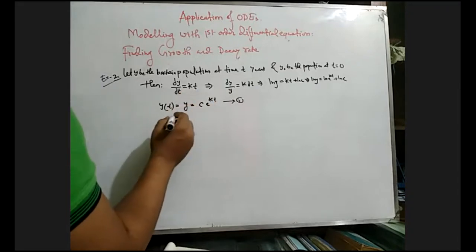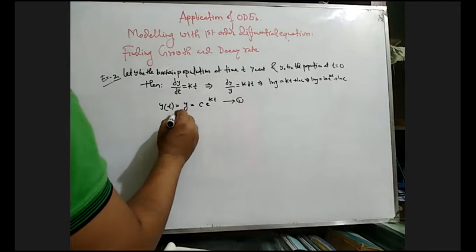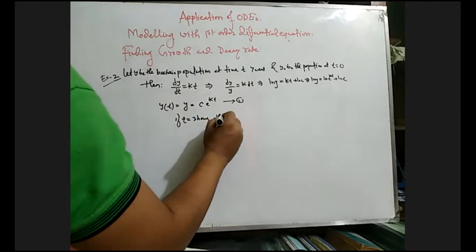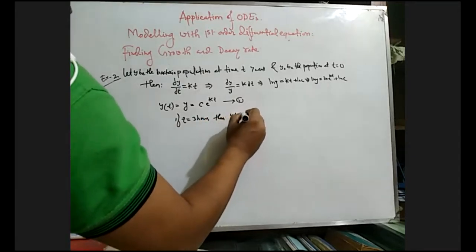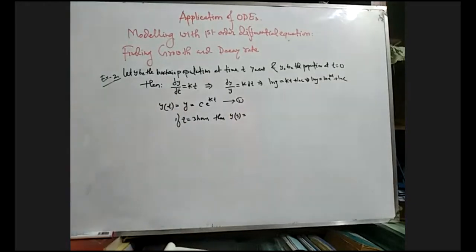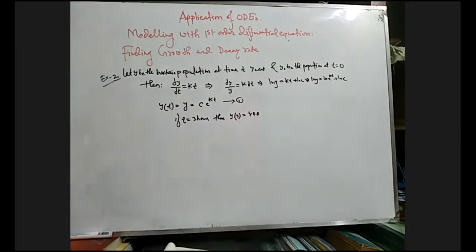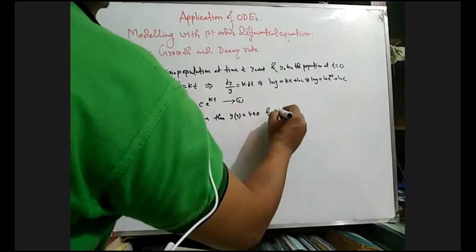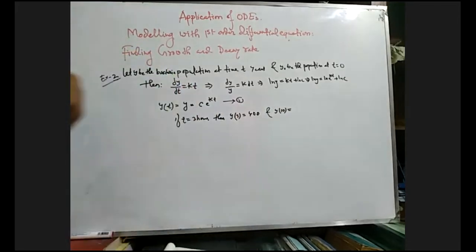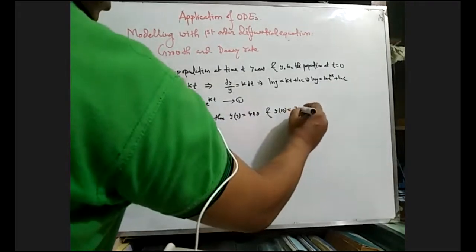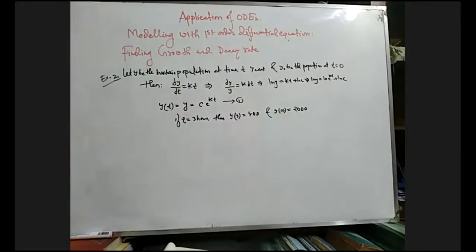If t equals 3 hours, then y3 equals 400 bacteria. After 10 hours, what is the number of bacteria? The new number will be 2000. Remember, this is given in the question.